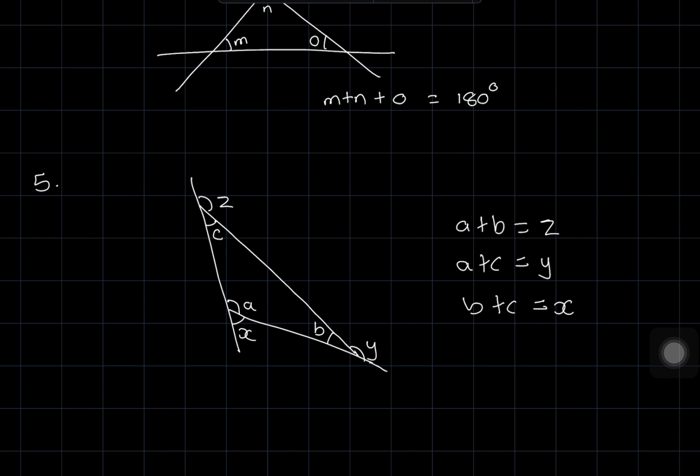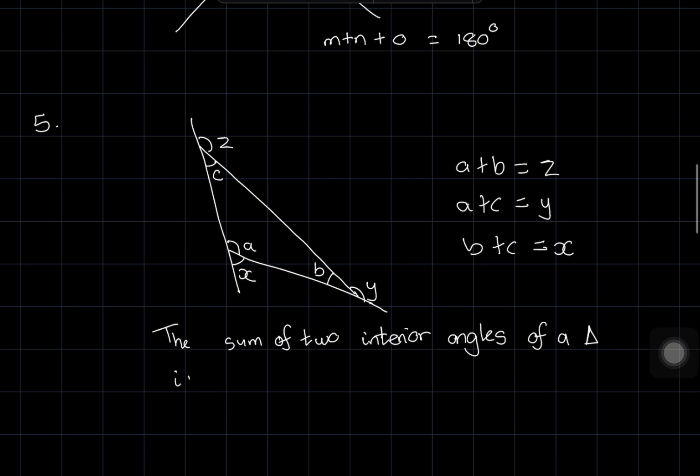So in short, this theorem states that the sum of two interior angles of a triangle, interior angles being the angles which are inside, is equal to the exterior opposite angle.